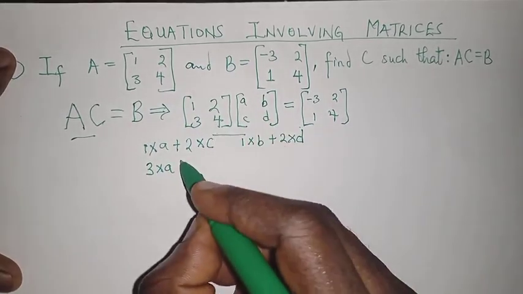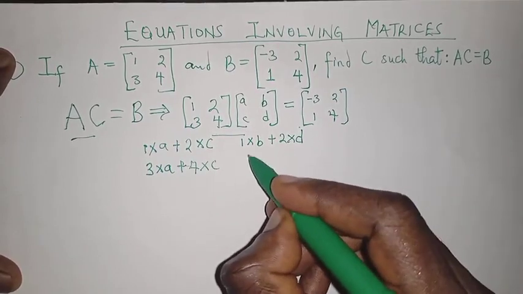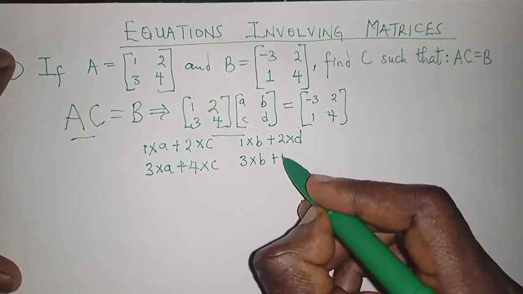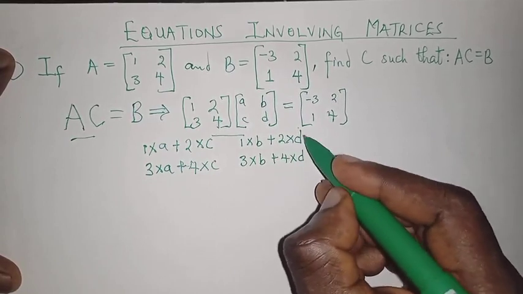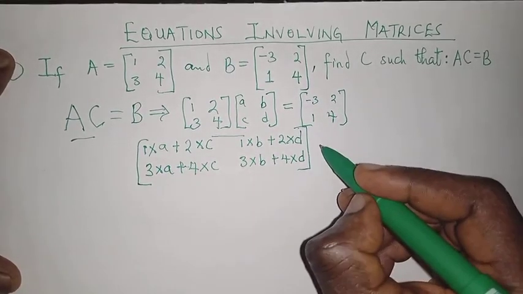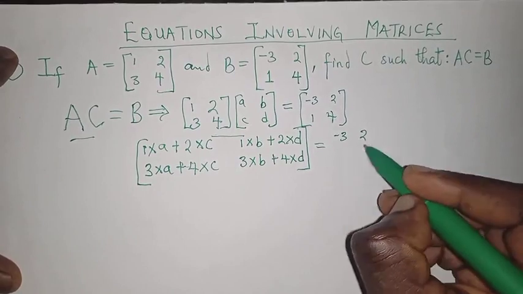It's going to help you understand better what I'm doing here. Then 3 times A plus 4 times C, then 3 times B plus 4 times D. Here, we're trying to confirm that it's going to give us this.